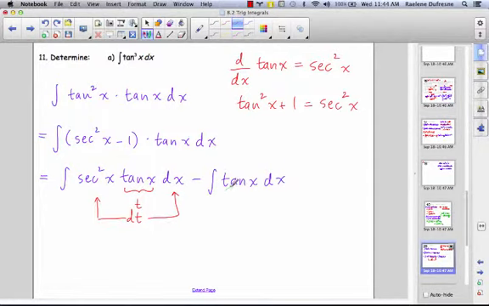However, we've seen this one in the warm-up, and we can rewrite tangent of x as sine of x over cosine of x. And then we have a substitution here, where we can let cosine of x be, let me make it z, and therefore dz will equal negative sine of x dx. So after a while, you will get more familiar or capable of doing method of substitution without writing down all the steps.